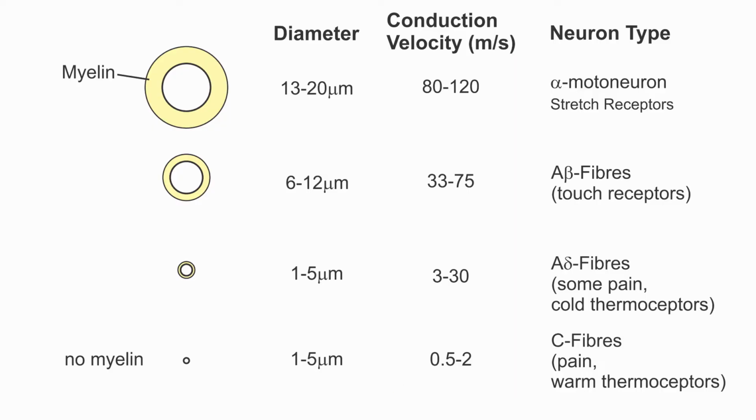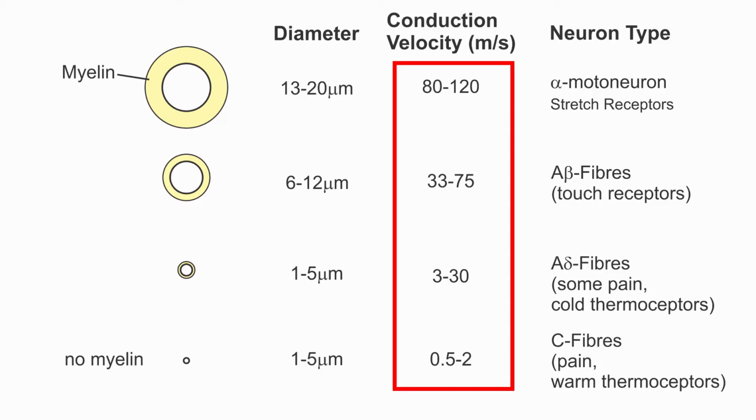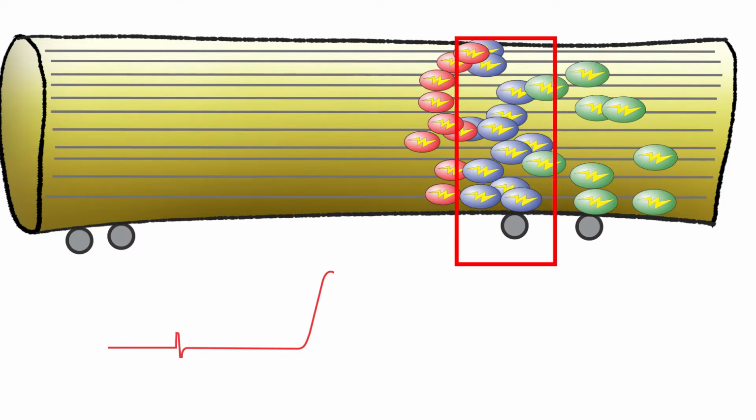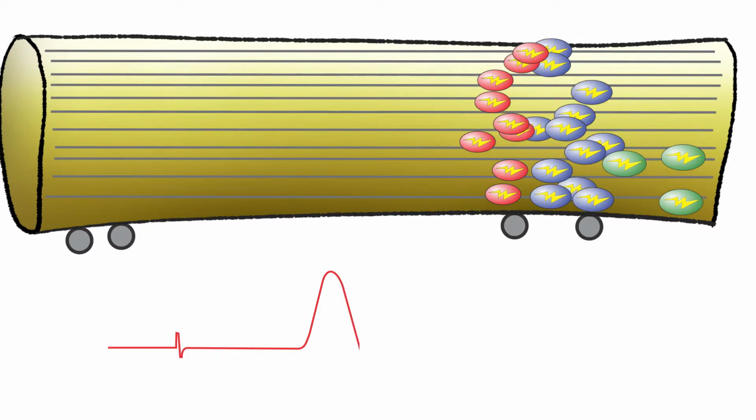Now, because there's a range of different conduction velocities, those action potentials will make their way down the nerve at different rates. Action potentials with the fastest conduction velocity will reach the recording electrodes first, followed by fibres with an intermediate conduction velocity, and action potentials in fibres with the slowest conduction velocity will reach the recording electrodes last.